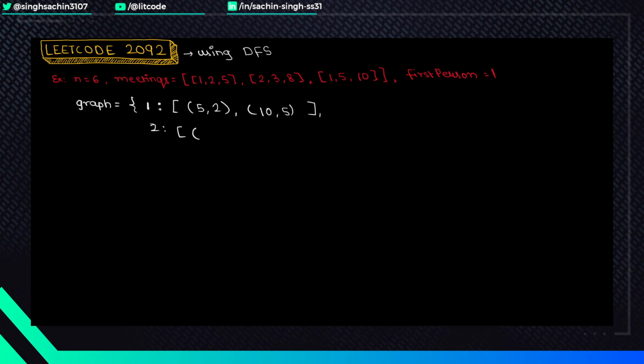Also, one more thing: these are bi-directional communications, so they can have these elements common within the two keys. Similarly, 2 has another meeting at 8 with 3.